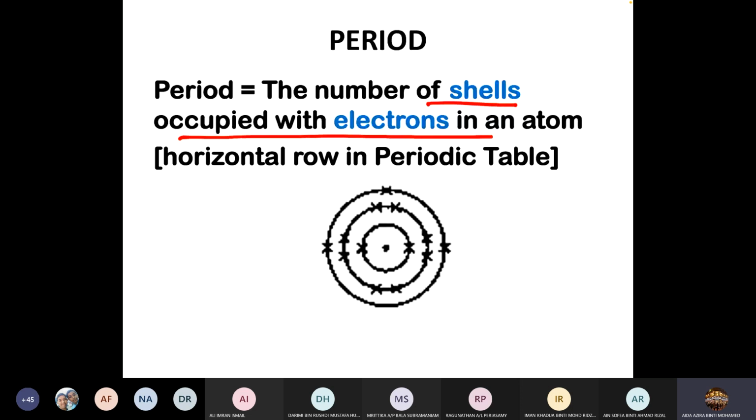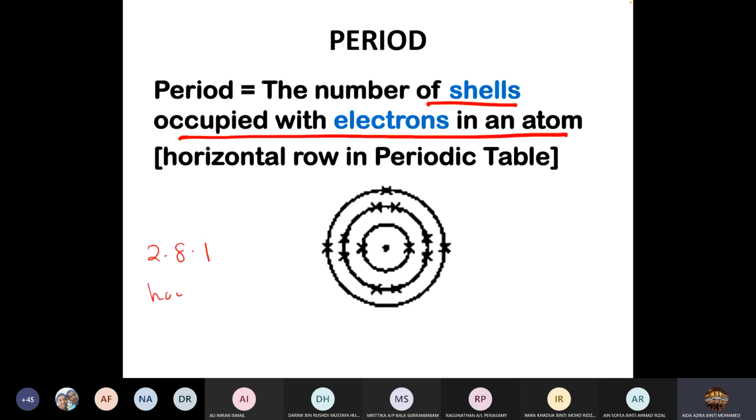For the earlier example 2, 8, 1, how many shells? 3. It has 3 shells occupied with electrons, so it is in the third period.